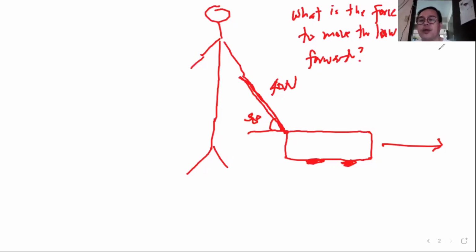Again, the gardener is pushing the lawnmower forward at a force of 40 Newton parallel to the handle, and the handle is at 30 degrees.